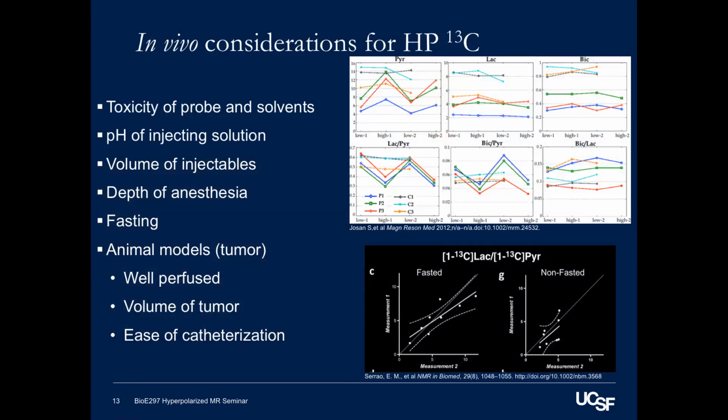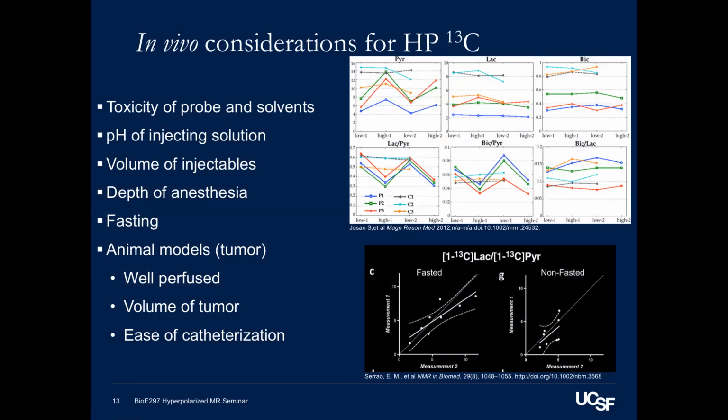And so we've looked at all the ex vivo applications of hyperpolarized MR, but what are some of the considerations that you really need to think about when you're doing in vivo studies? So one big thing is, because this is a step just before clinical translation, this is a step at which you would test the toxicity of the probe, the different components that you're using to make your probe.